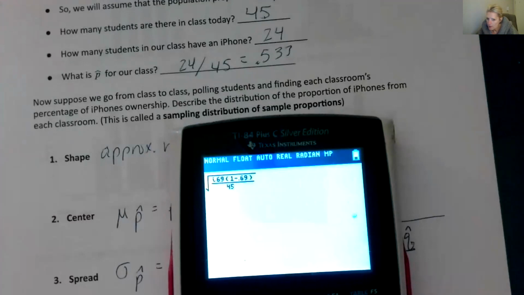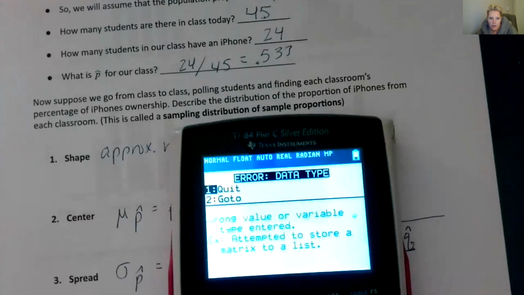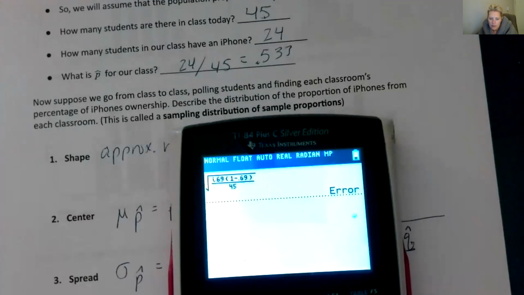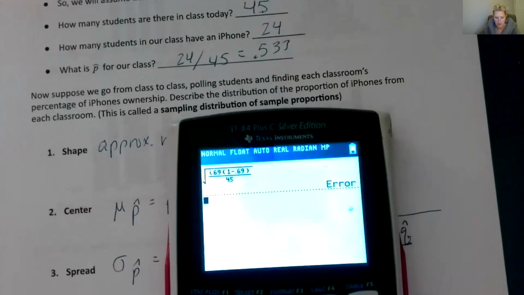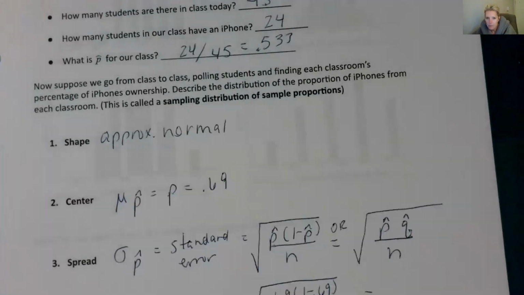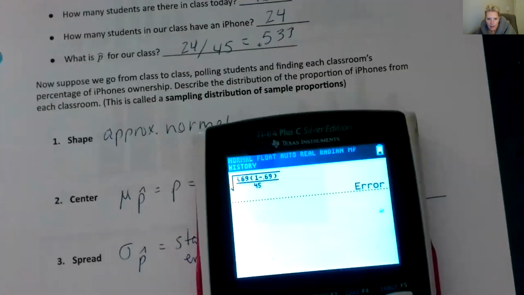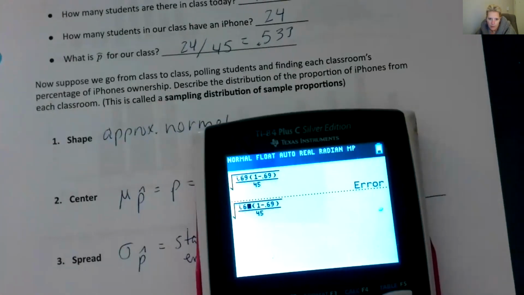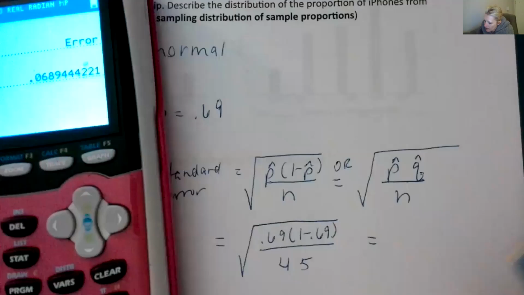Oops, what did I type? Incorrect. I put an I. That is supposed to be a decimal. There we go. 0.0689. So our standard error would be 0.0689.